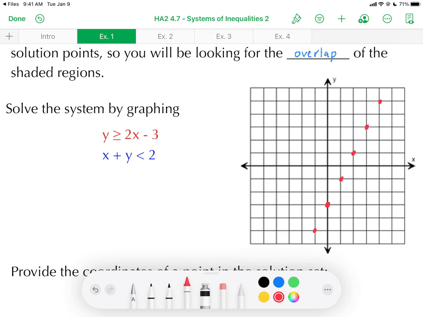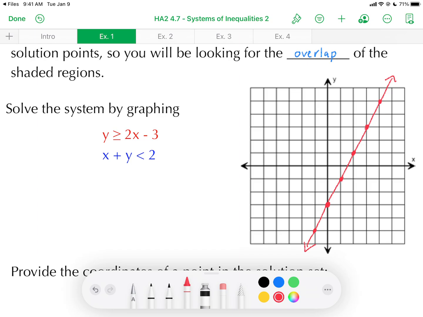And should this be a solid or a dashed boundary line? Solid. Now, remember, solid just means the points on the line itself are solutions to that particular inequality, right? All right, and then I'll use the test point of the origin to decide where to shade.